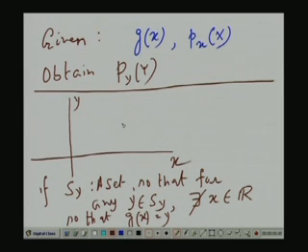If S y is such a set, then obviously for any y belonging to S y, the corresponding probability will be 0, because these are impossible events. You can't get any x for which g of x gives a value from within that set. So, the probability will be 0, which I write on the next page.